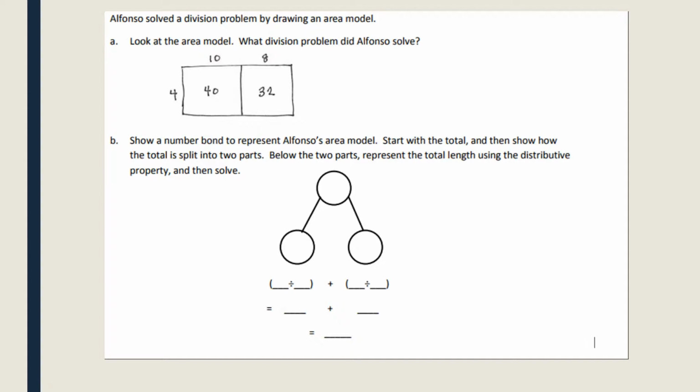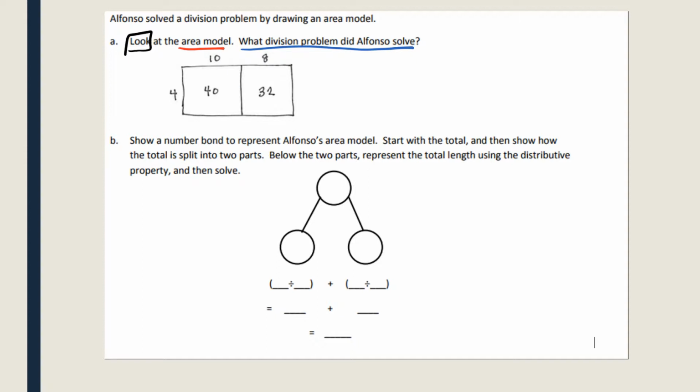Let's try solving a division problem by drawing the area model. In our directions, we're going to try and find the action words and do our CUBES just like any other problem. It says, look at the area model. What division problem did Alfonso solve?